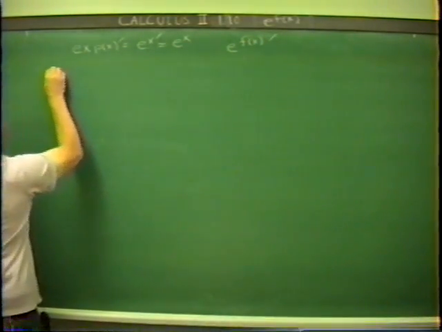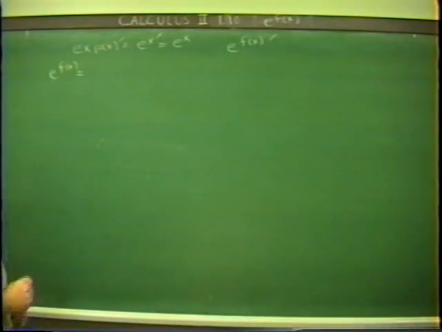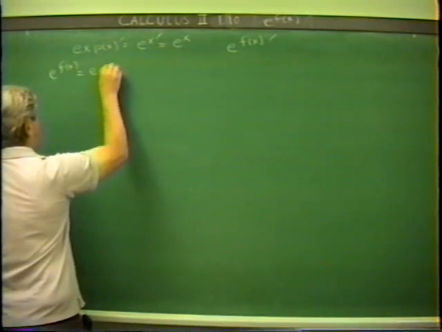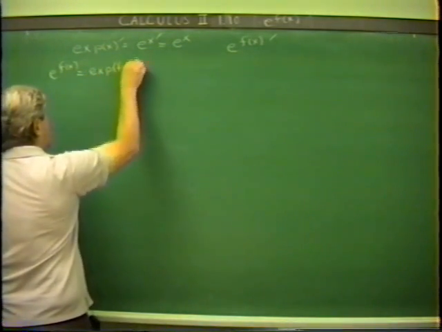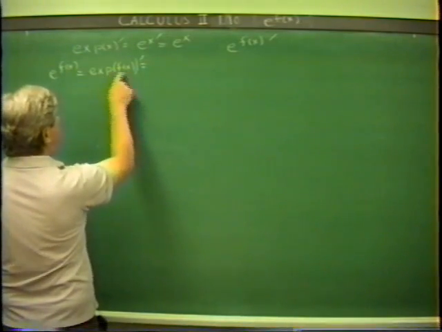Now, consequently, if we have something of the form e to the f of x, the derivative of this, you have got to learn to treat as a composition. This is exponent of f of x.